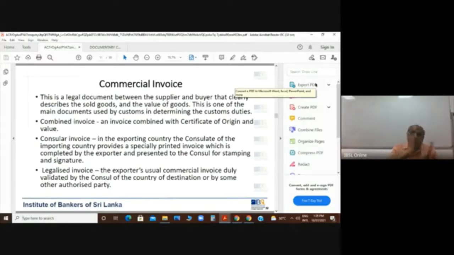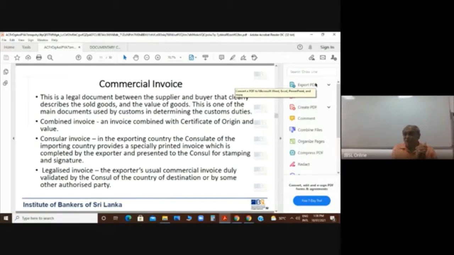If the commercial invoice is combined with a certificate of origin, then we call it a combined invoice. Some countries have consular invoices. In the exporting country, the consulate of the import country provides a specially printed invoice, which is completed by the exporter and presented to the consul for stamping and signature.